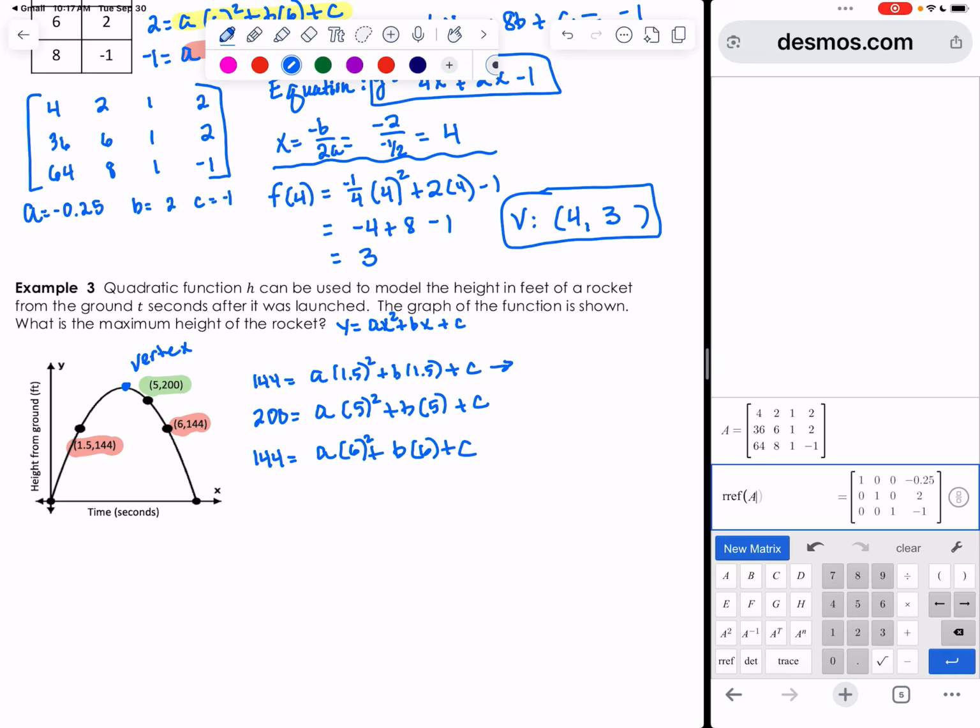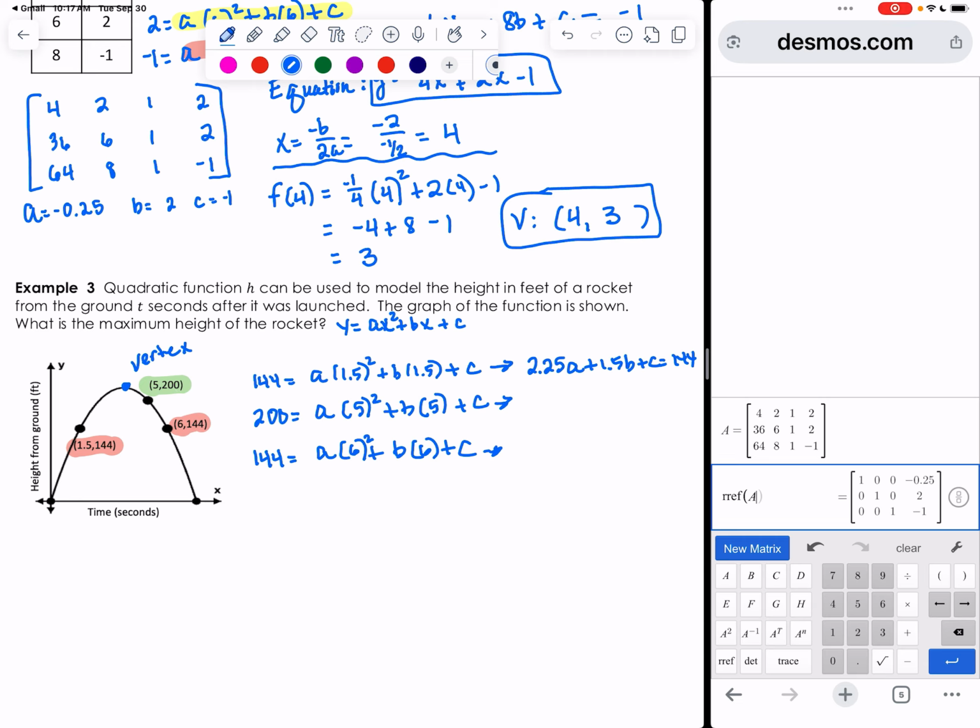Now let's simplify each one of those a little bit. 1.5 squared is 2.25, so 2.25a plus 1.5b plus c equals 144.